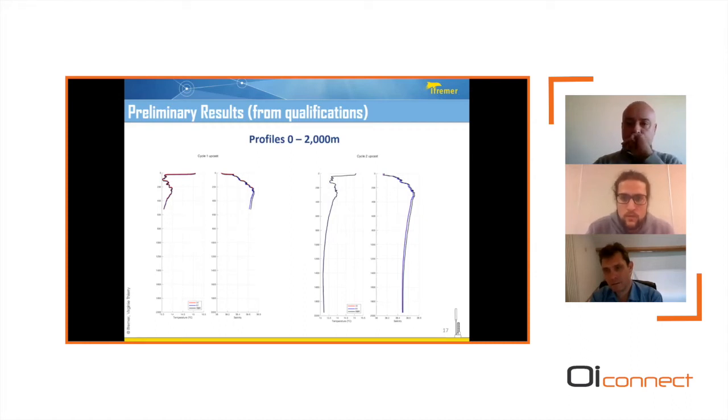But for deeper ones, such as the one we used during this qualification, it seems to have a slight difference. We asked RBR about these drifts. They only told us it's because the last salinity equation is not fully ready. But no, it should be fine.